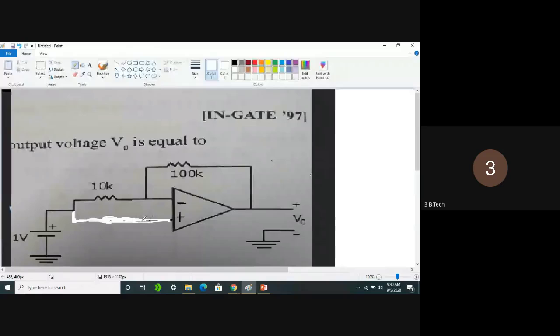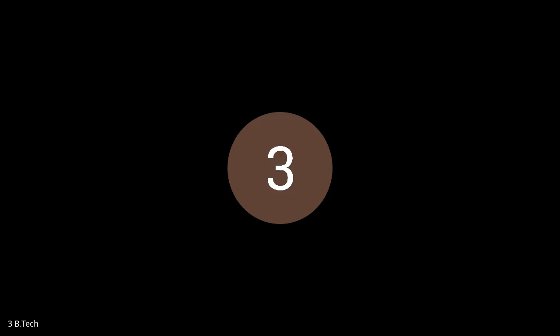If two or more voltage sources are providing in a network, then the output is nothing but the sum of the individual outputs of all sources. See clearly here, 1 volt is applied at the inverting terminal, and the same 1 volt is applied at the non-inverting terminal.